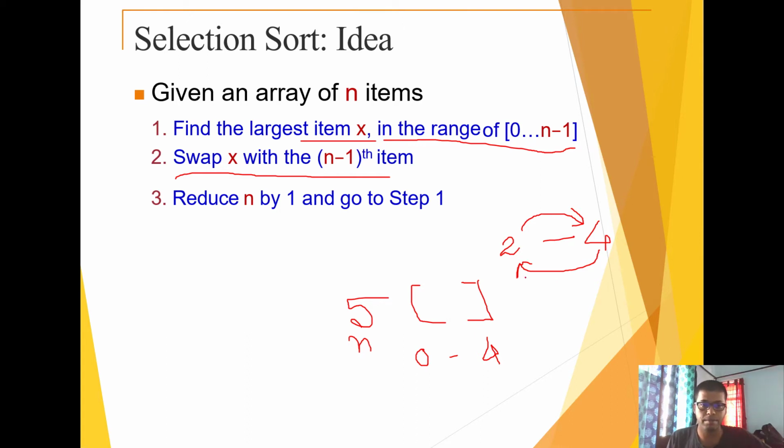That is the second step. Then we reduce n by 1 and go to step 1. The loop goes on, and now n will be 4, so it will start from 0 to 3. When it finds the largest value, it places it at the third position, and it continues like that.